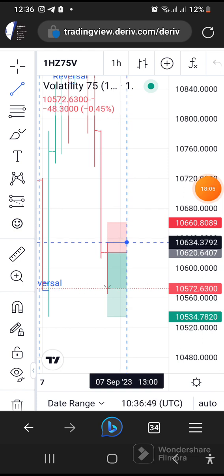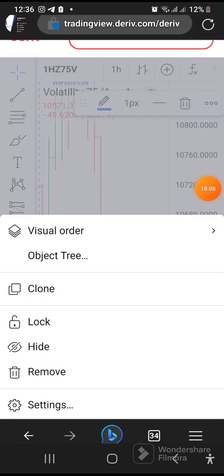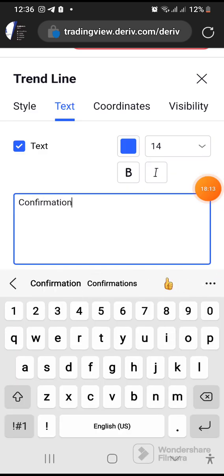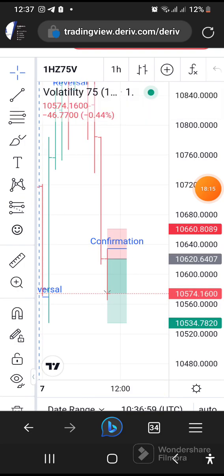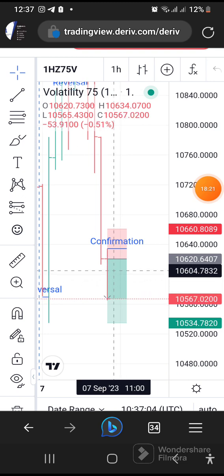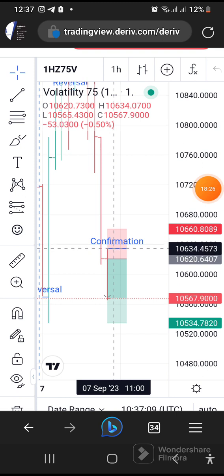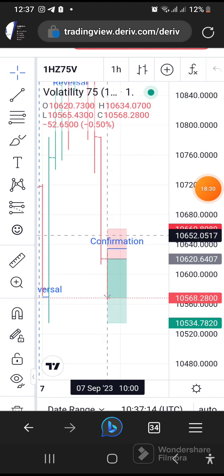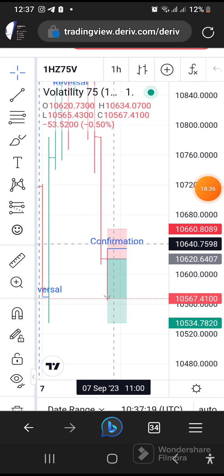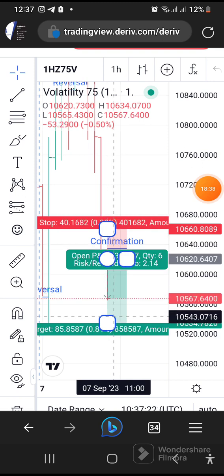That would be our confirmation of price entry. So we are going to wait for price to open a new candlestick and reverse up until we are in the red zone. Once we are in the red zone as price has crossed our confirmation, this is when we can get prepared to enter with great risk management of 30 to entry and a TP of 2:14 risk to reward ratio, guys.